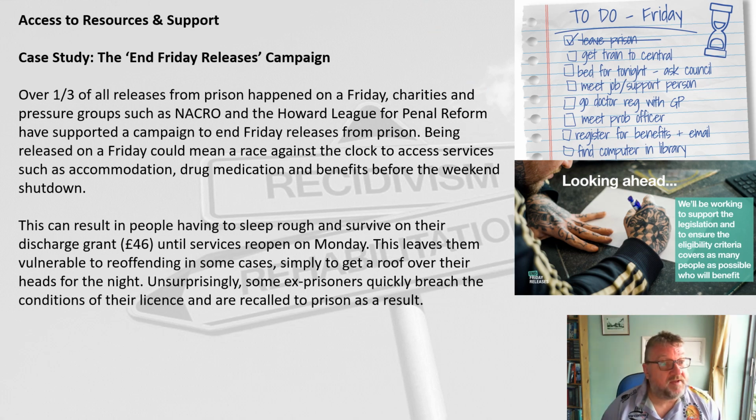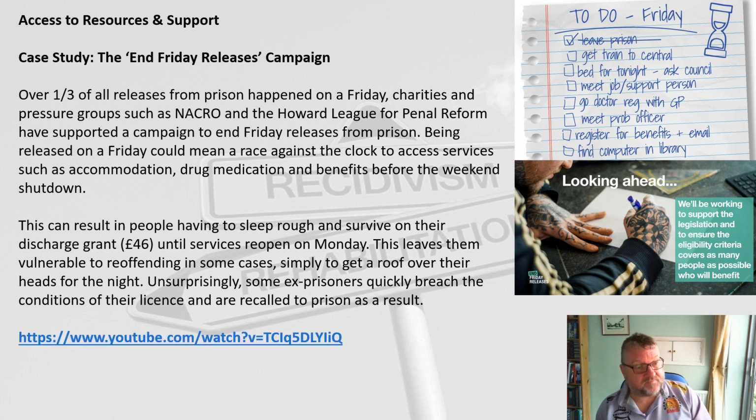So this can result in people having to obviously sleep rough, survive on their discharge grant until services reopen on Monday. This then leaves them very vulnerable to reoffending in some cases, simply just to put a roof over their heads for the night. So what is unsurprising here is that some ex-prisoners quickly breach the conditions of their licence and therefore are recalled to prison as a result to serve the remainder of their sentence. So boosting the prison system again.